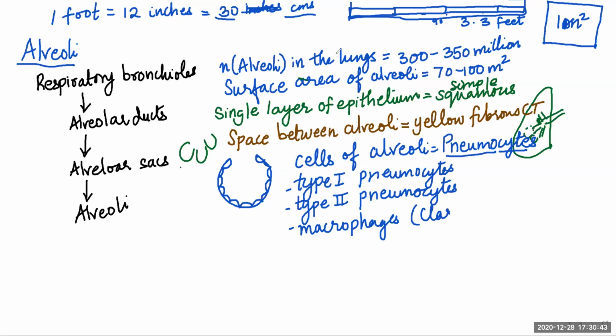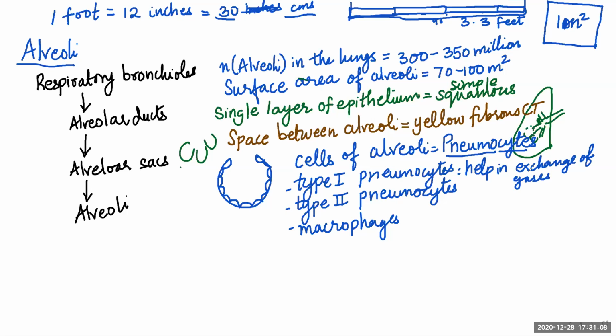Now, type 1 pneumocytes are the ones which help in exchange of gases, the exchange of gases with blood.